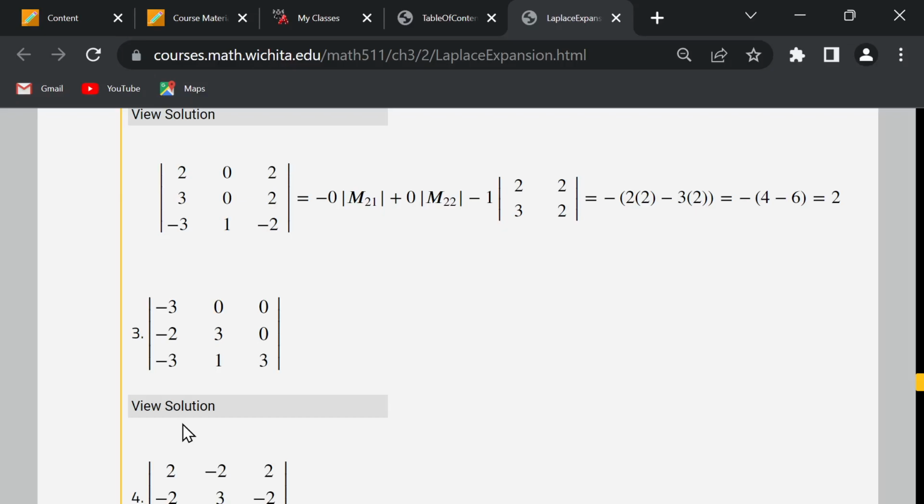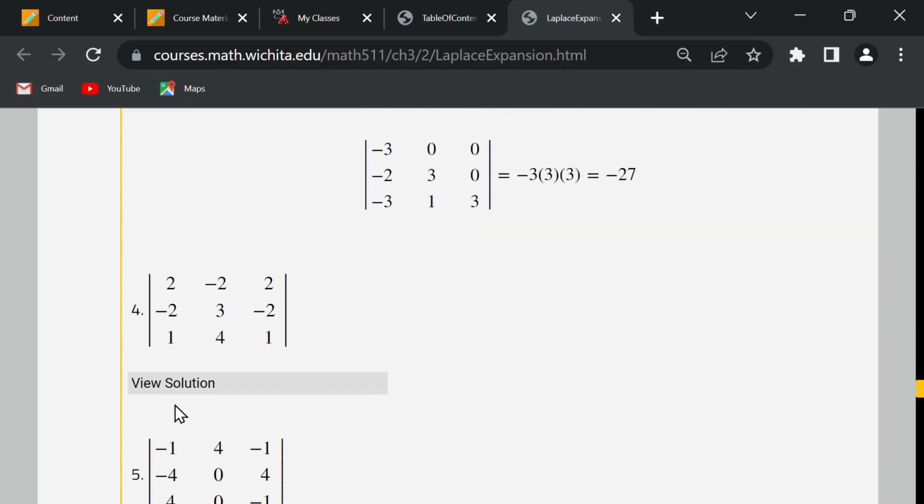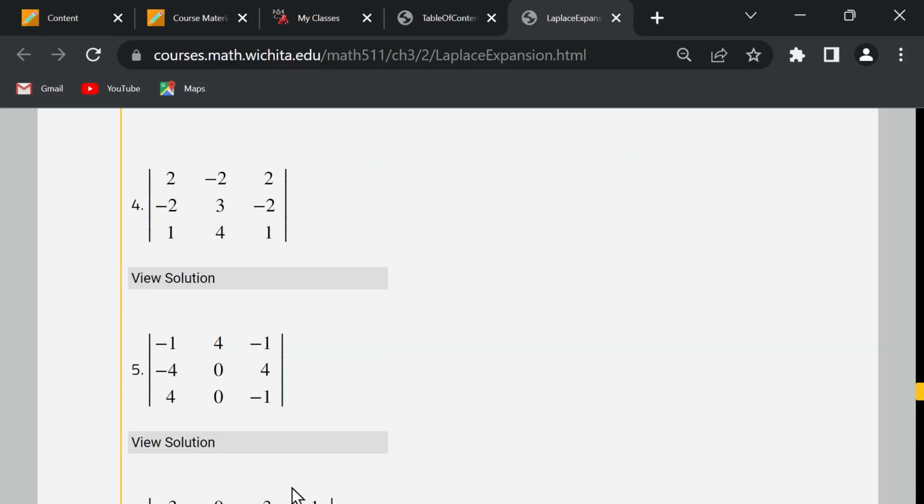What about this one here? Negative 27? Okay. What about this one here? 0. You have 2 identical columns, don't you? So it's 0. You just write equals 0. The first and the third column are equal. What about this one?